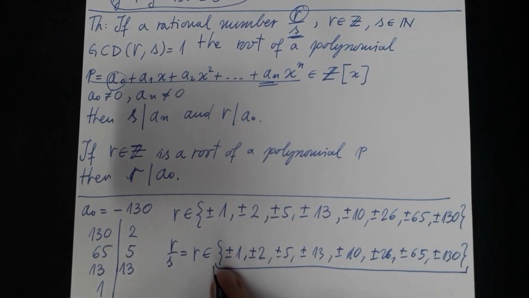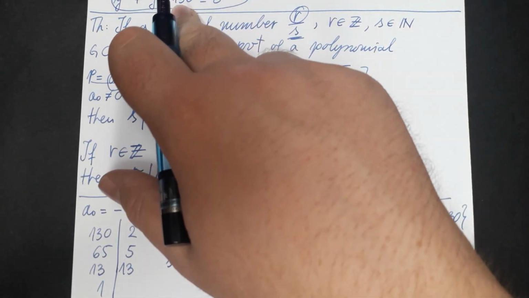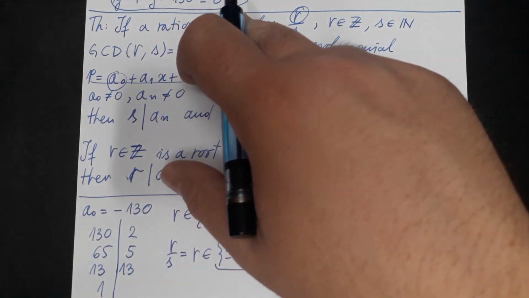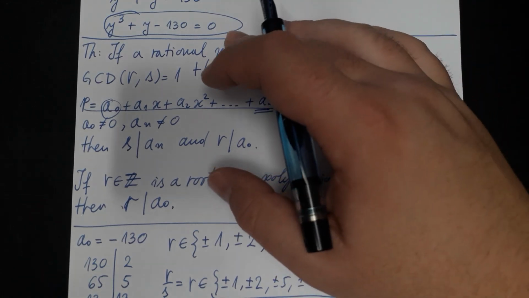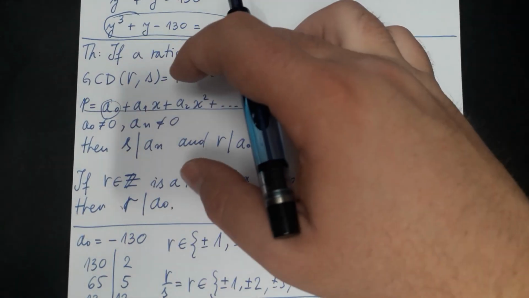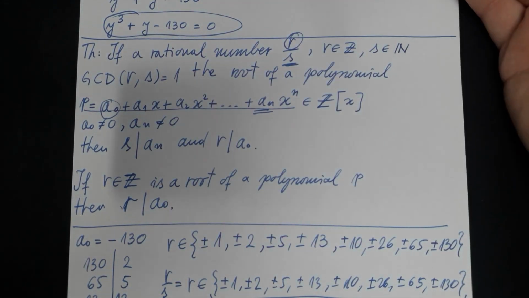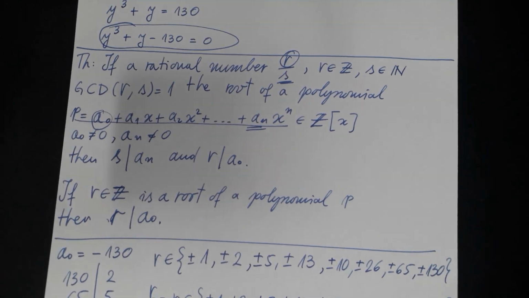So we just have to go through this set for every element and see if that element satisfies this equation. If that element satisfies the equation, it is a root of the polynomial. If it doesn't, then it is not a root. I will test this only for number 1.